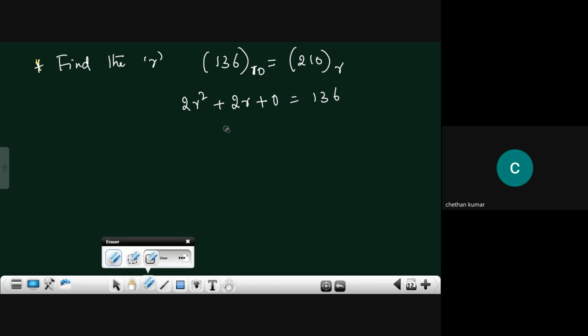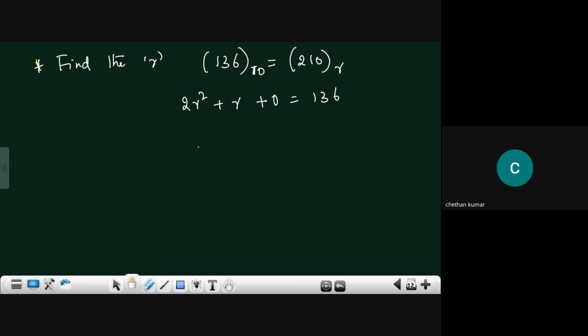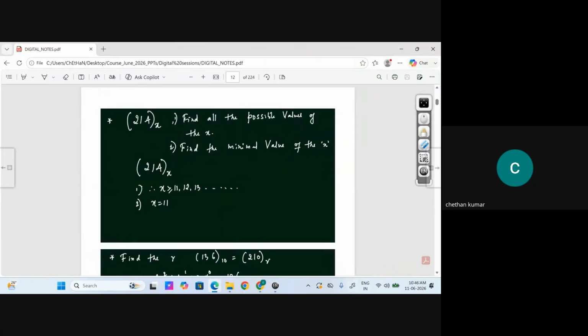Sorry, this is 1R. This is just R. Correct. So 2R square plus R minus 136 is equal to 0. Again, this is in quadratic equation form. Then you should find out the roots of R value. What are the R values, sir?